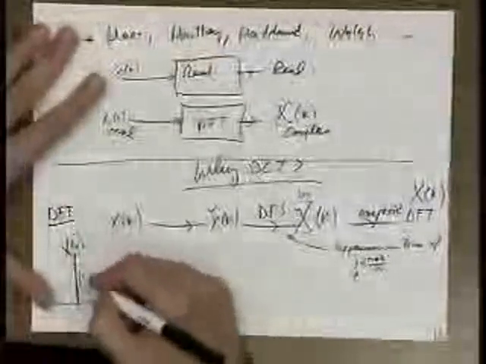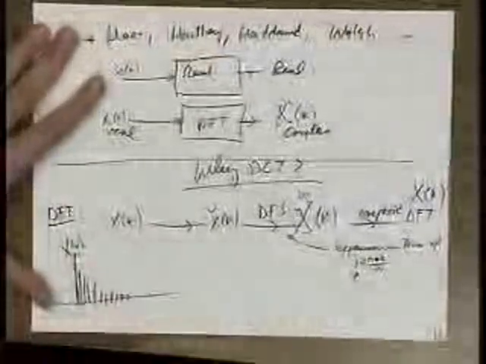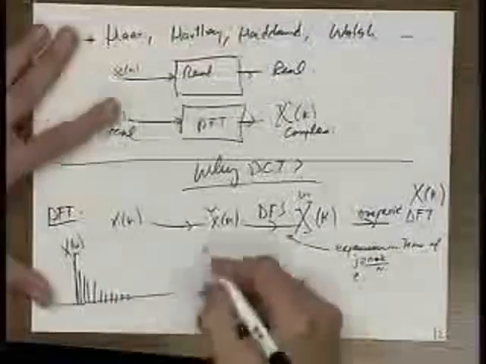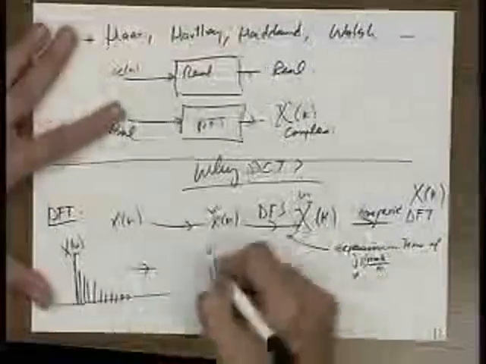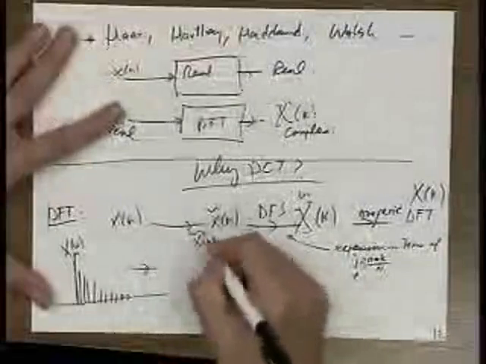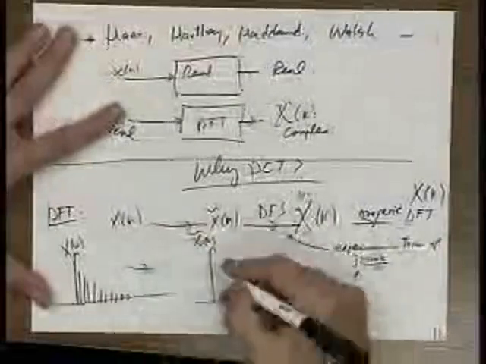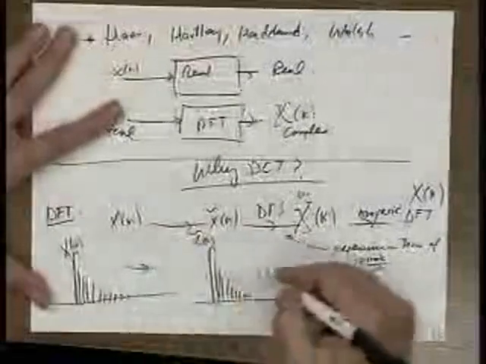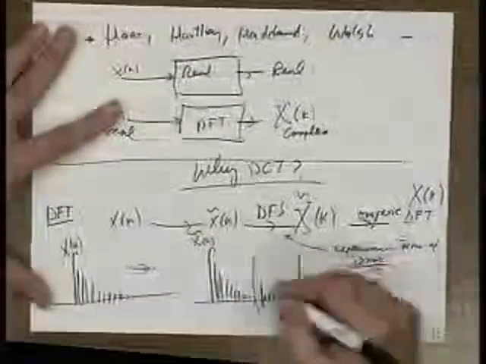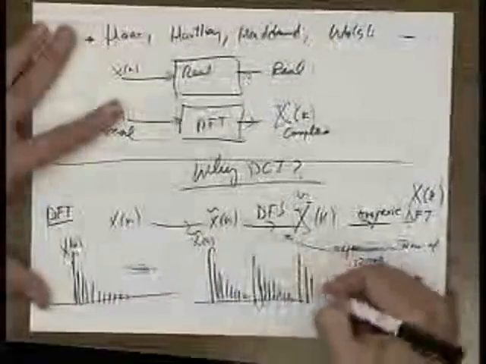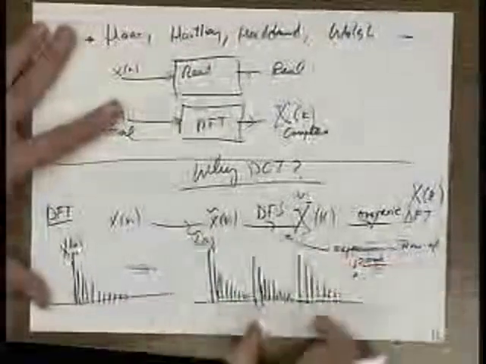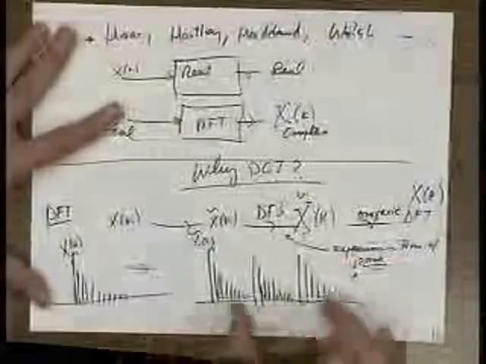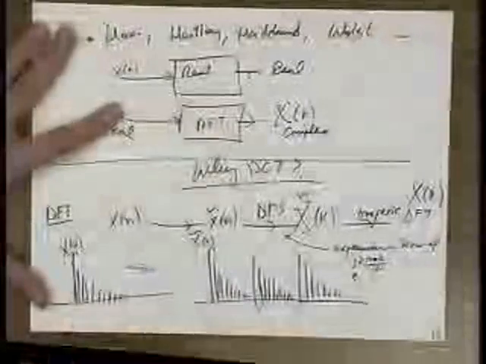Let's say x of n looks something like this. When I go through this chain, I periodically repeat it, and I'm taking the discrete Fourier series of that. I'm expanding this periodic signal in terms of these exponentials.